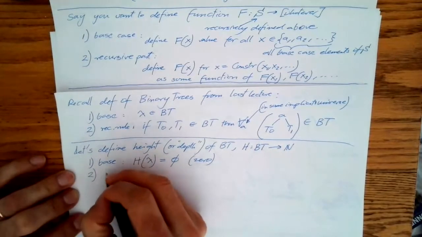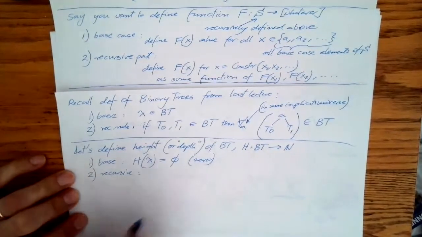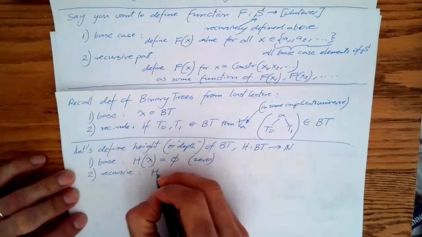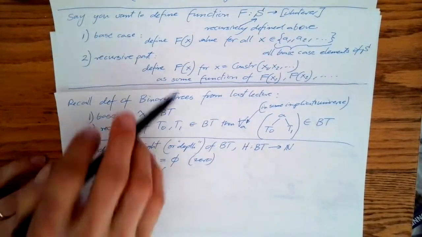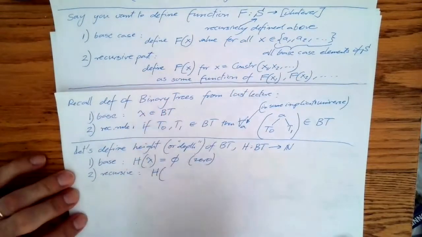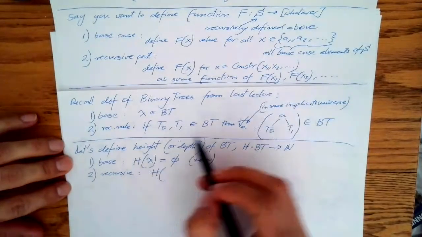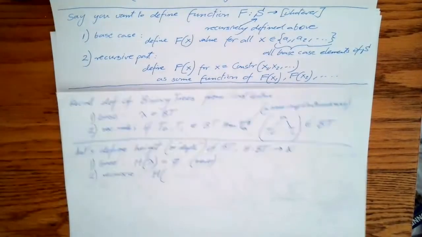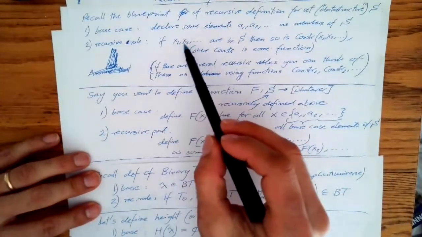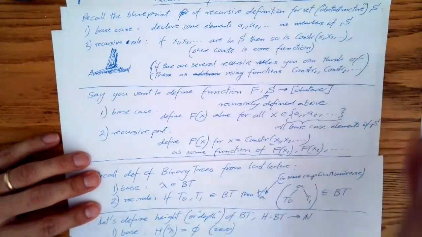What is the recursive part of this definition? I have to define the value of the function, which in my case is h, of any element constructed from previous elements using this recursive formula. In my case, the only recursive rule: if the xi's are in the set, then so is some construction using the xi's.